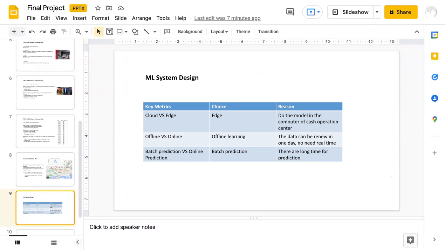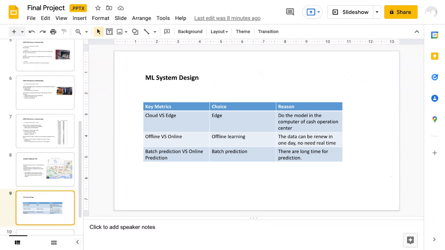And when we're talking about the machine learning system design, there are several metrics, and we choose the edge version of the model to deploy because I don't think we need to use the cloud. This is a very silo problem, and we just need offline learning.